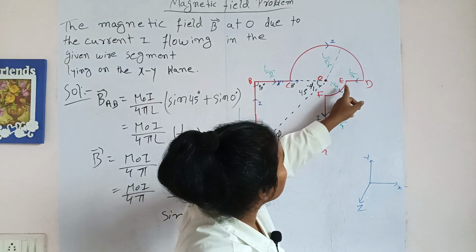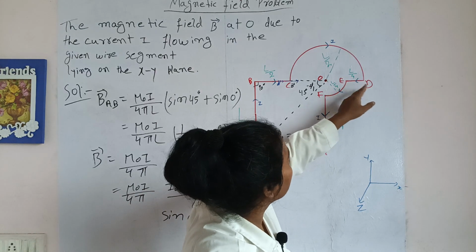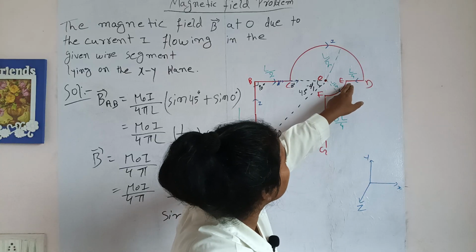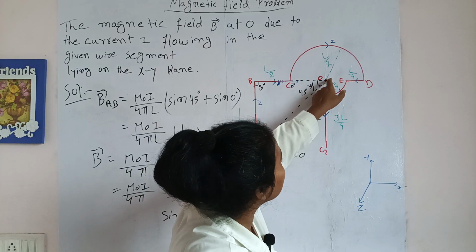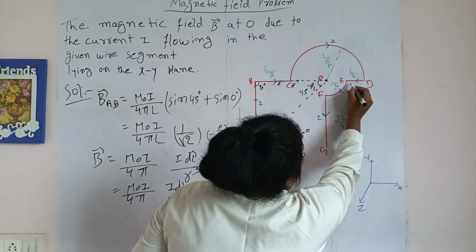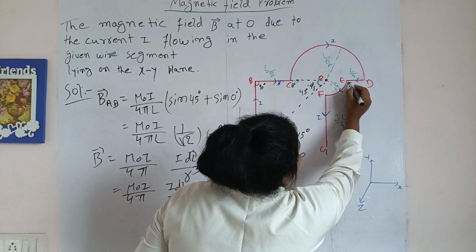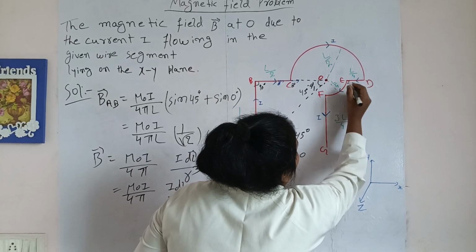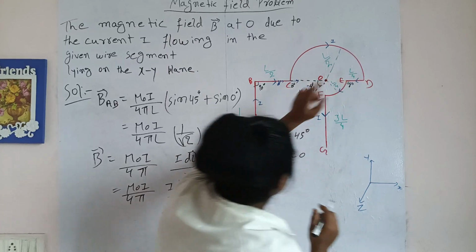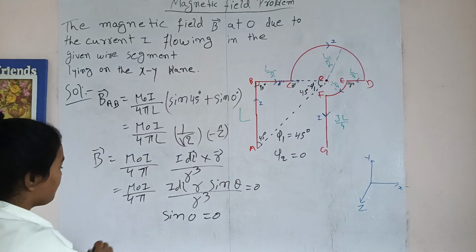Again that will be the case for the field due to the DE part, because here again I dL is in this direction and vector r is also in this direction. So the field due to DE is also 0.